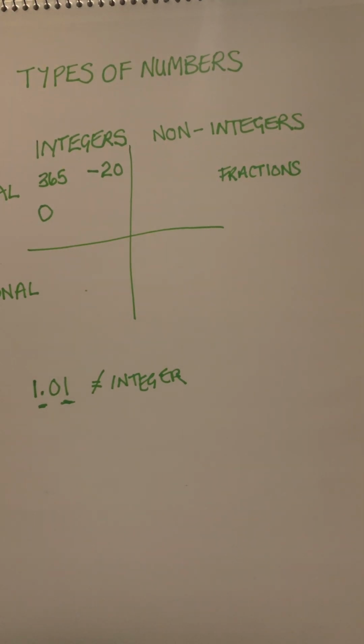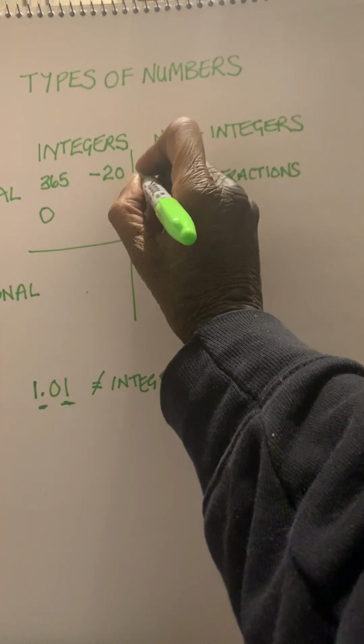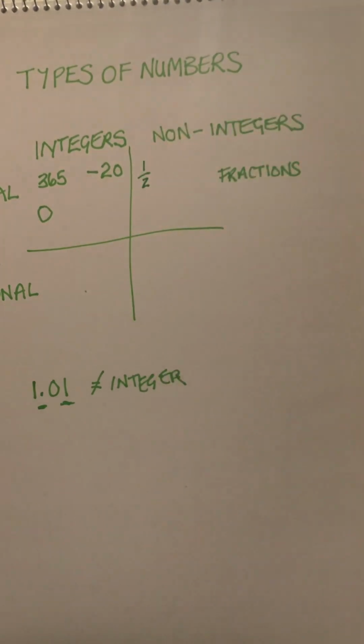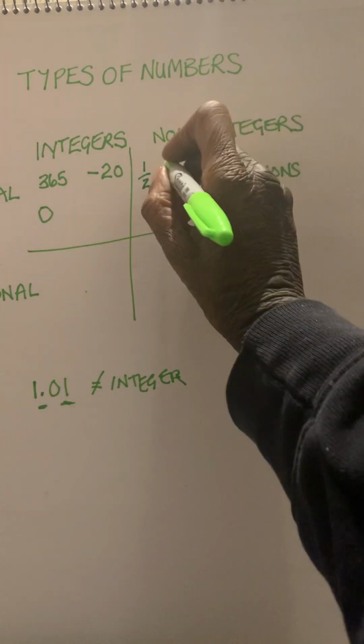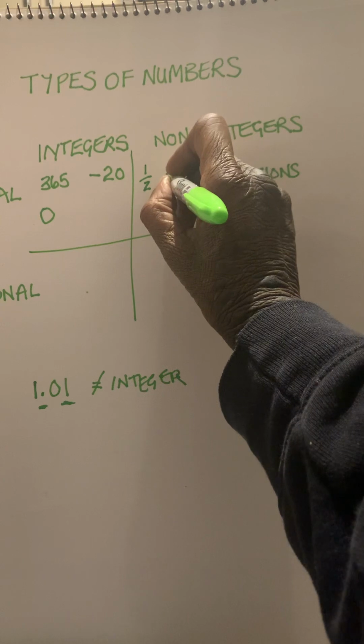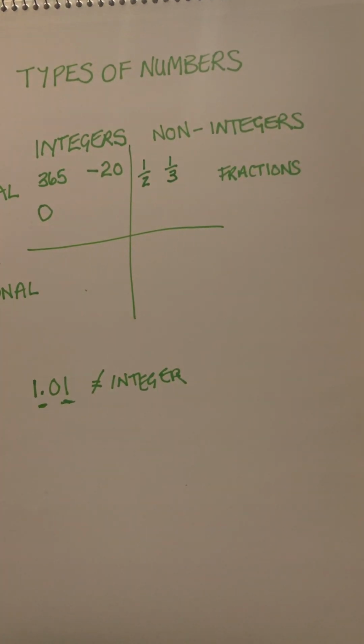So fractions are things like 1/2, which is the same as saying a half. 1/3, which is a third.